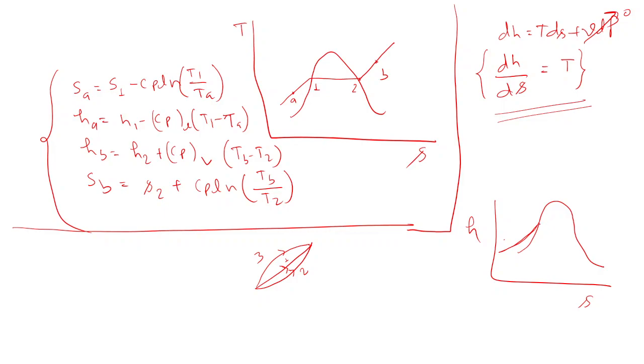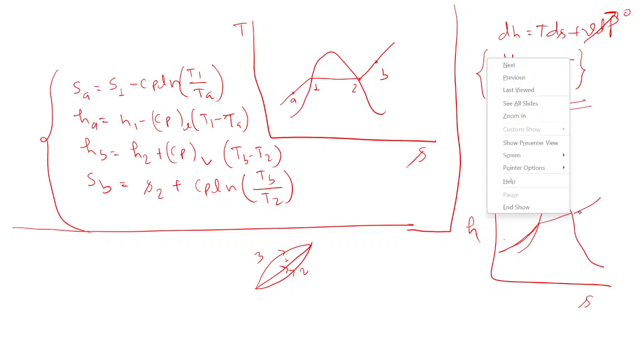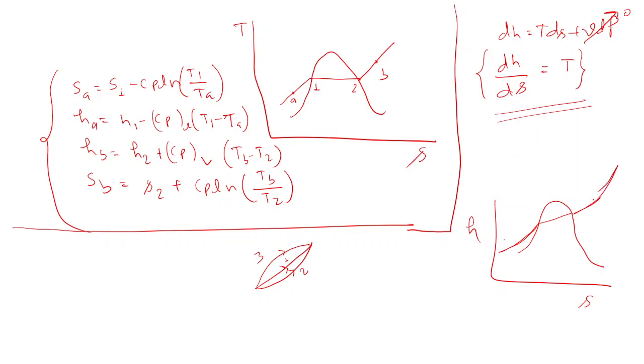Inside the dome, the temperature is constant during the phase change, right? So it would be a straight line, and again the same way, the slope will increase. Now I want to tell one more thing. Here it will go diverging, because whatever this pressure would be, it is more.